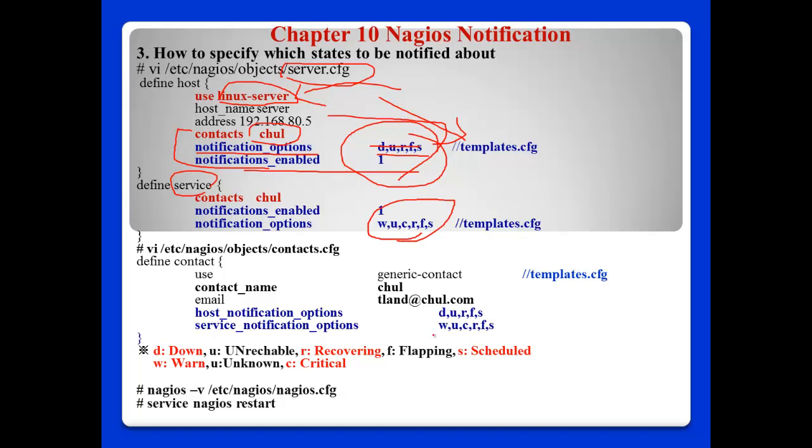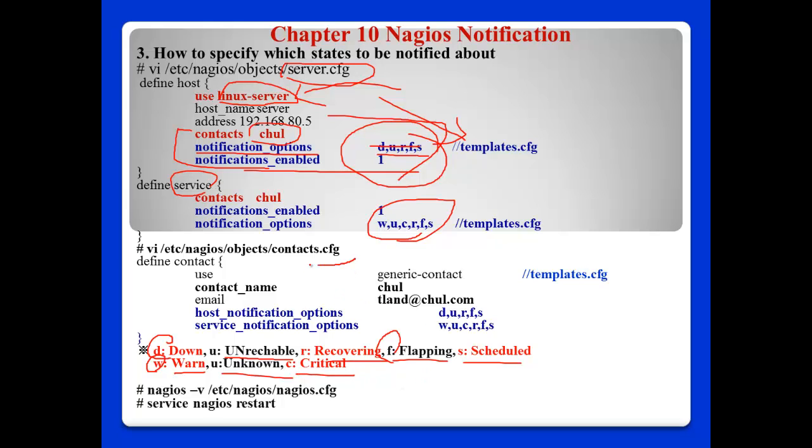Here, D means the down state, U means unreachable, R means recovering, F means flapping, S means scheduled. Flapping means the status repeatedly goes up and down. And in the service part, W means the warning message, U means the unknown message, C means the critical message like this.